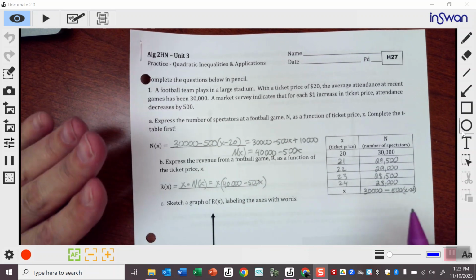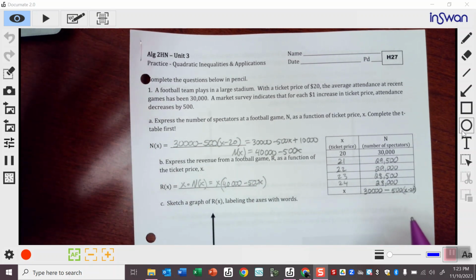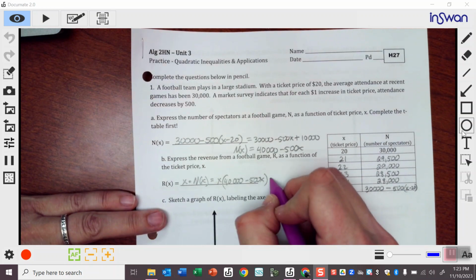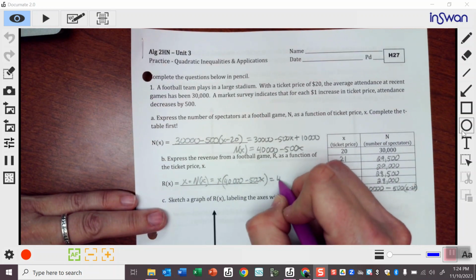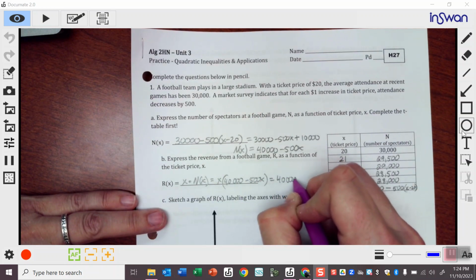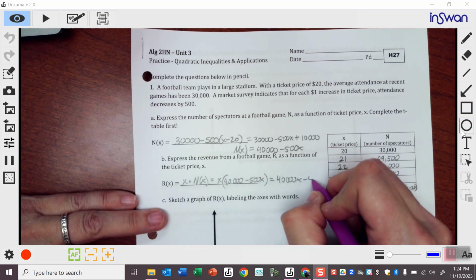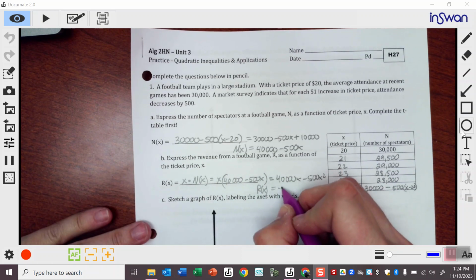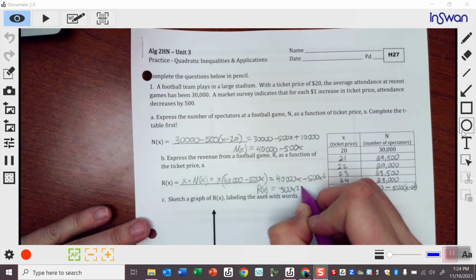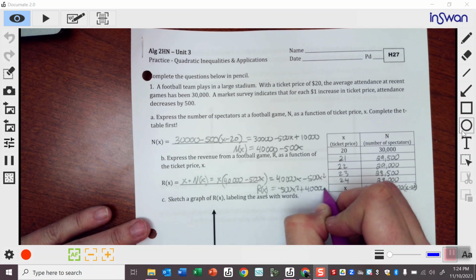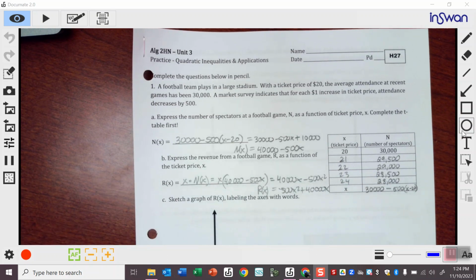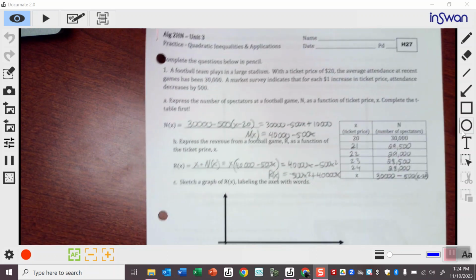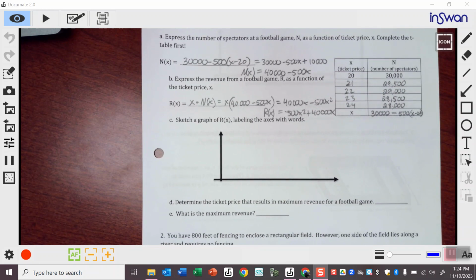I could put that in Desmos or my calculator, but I'm going to clean it up first. So x times 40,000 is 40,000x, and x times negative 500x would be negative 500x squared. To put it in standard form, I have negative 500x squared plus 40,000x.